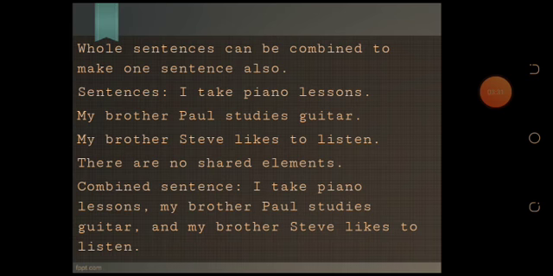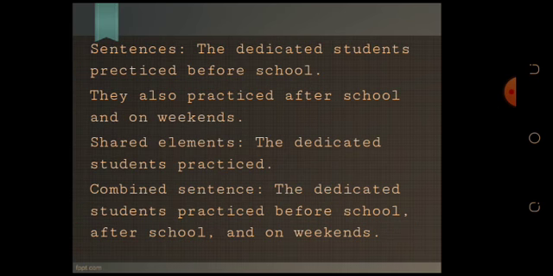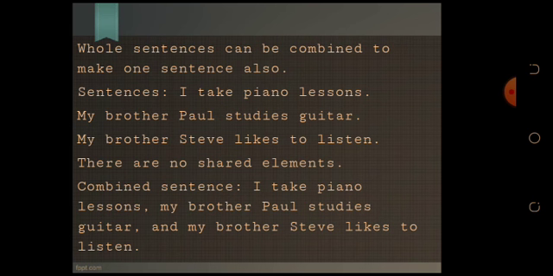Also, we can use a comma to join whole sentences. For example, we have: I take piano lessons. My brother Paul studies guitar. My brother Steve likes to listen. There are no shared elements in these sentences, but we can still join them together since they are 3, just like a series.